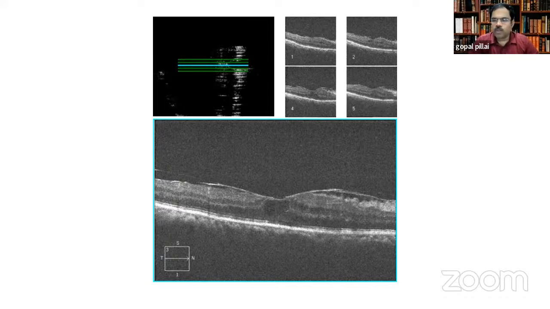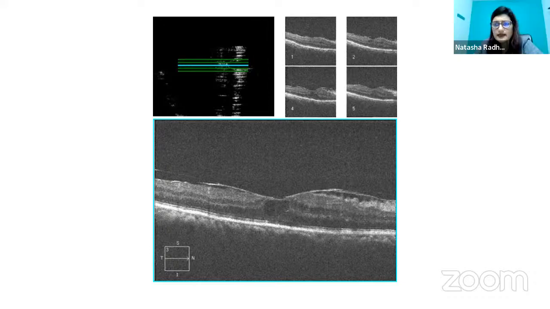The outer layers of the cones and rods may show it too. So visual prognosis in such cases is a little less optimal than in the last case that you showed. And we should keep in mind that it may be a primary retinal pathology as well, some long-standing old vein occlusion that has caused edema for some time, and then the epiretinal membrane has formed on top of that. Because the architecture seems quite disrupted.